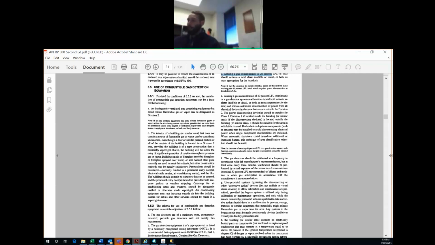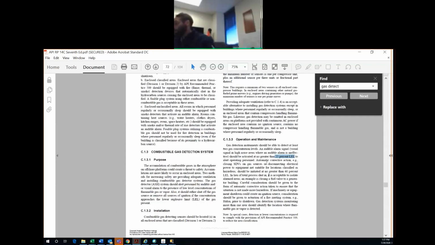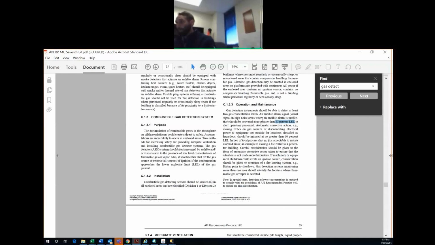Then I want to bring up an abnormality of API 14C because it doesn't make sense. It says that if you have concentrations over 60%, you have to shut power to equipment not suitable for locations classified as hazardous.